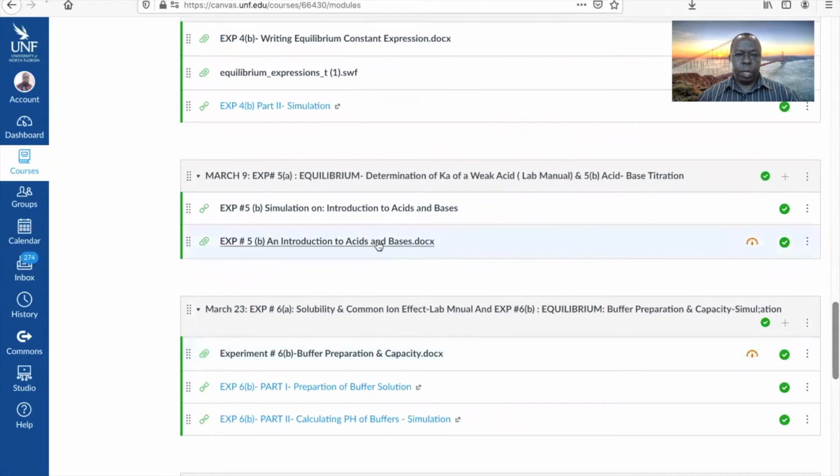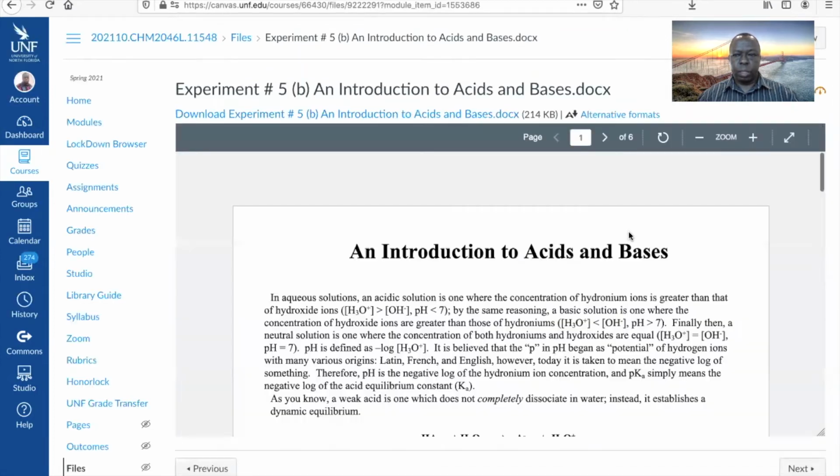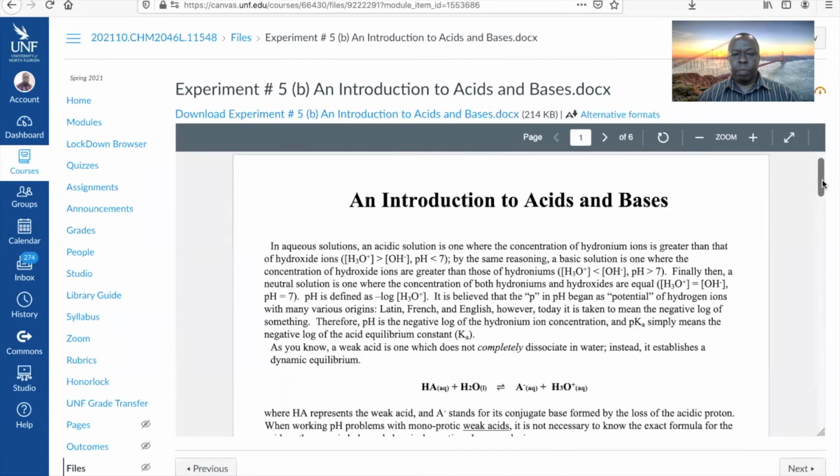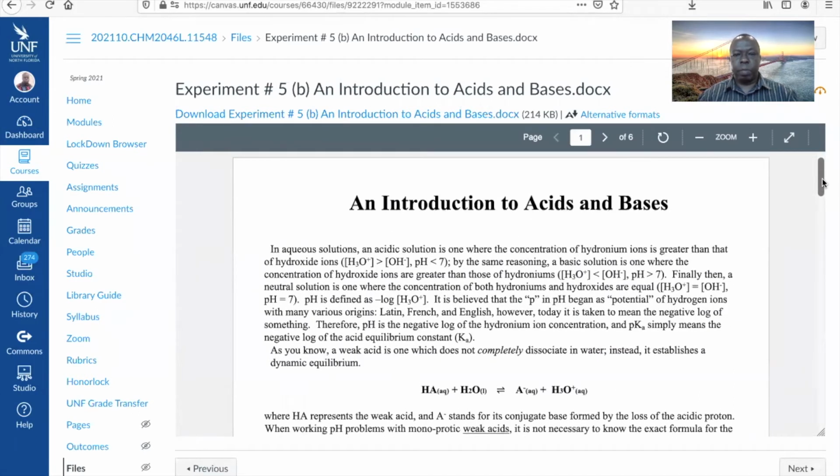This is the document. It has the background information I want you to read. I know you have covered it in the lecture. Acids and bases, you should be able to differentiate strong acids, strong bases, and how to determine the pH, hydronium ion concentration, hydroxide ion concentration.